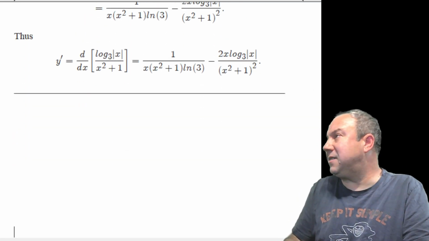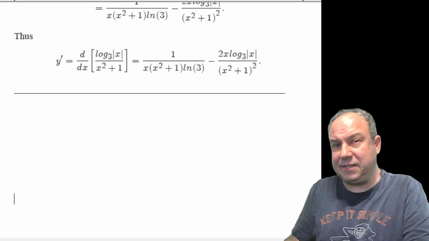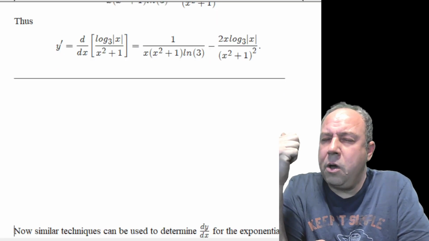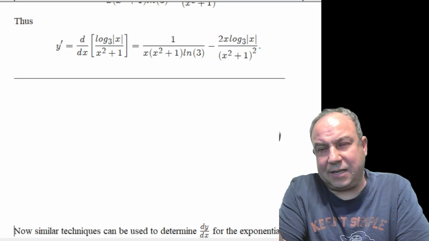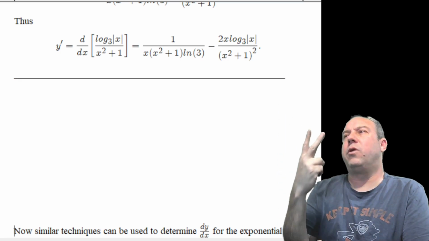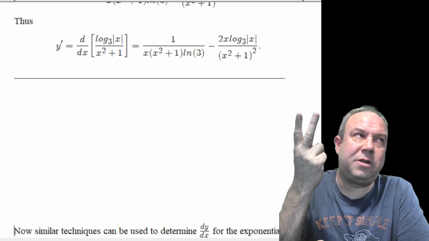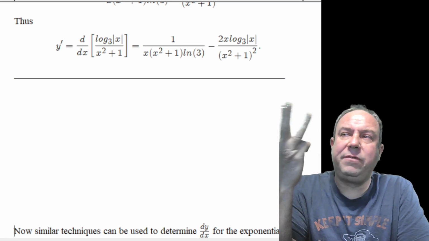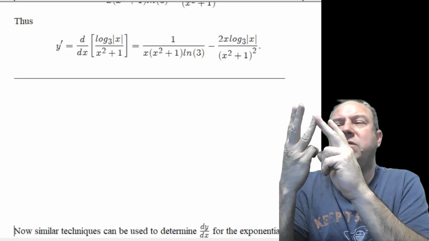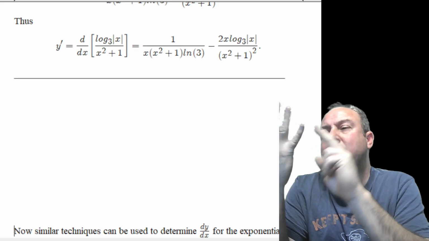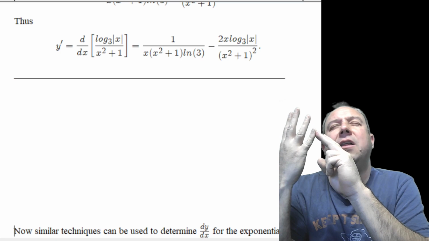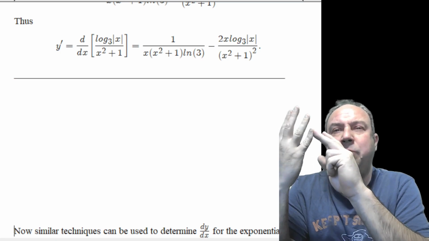Now, there is one last situation we have to go back now and consider. We've looked at the derivative for the natural exponential function e to the x. We've looked at the derivative for its logarithmic counterpart, the natural logarithmic function. And we've looked at the derivatives for just logarithms of any base b. What we now need to go back and look at are the derivative results for just derivatives of exponential functions for any base.